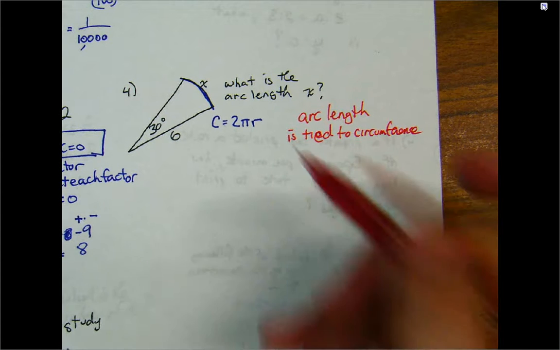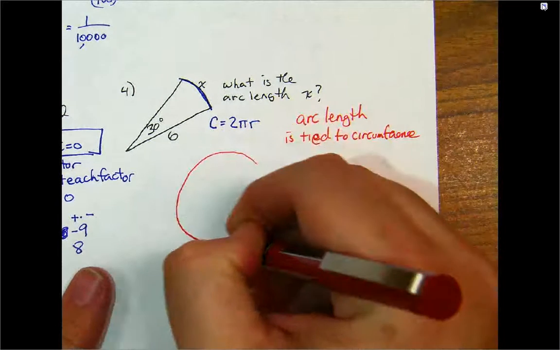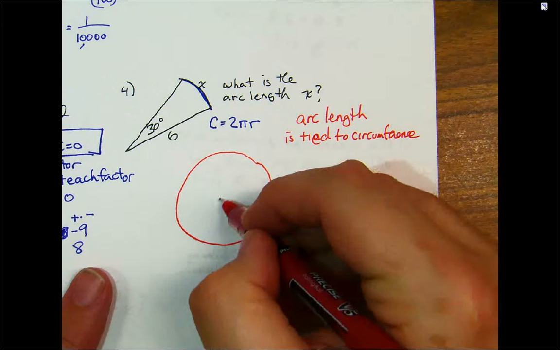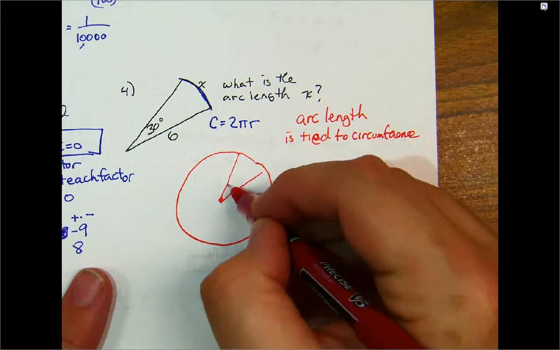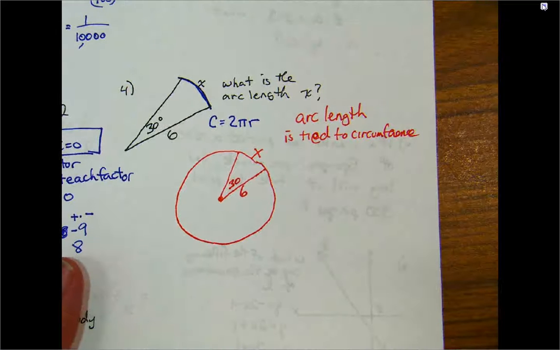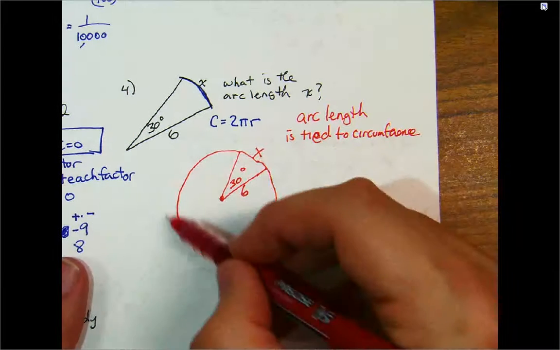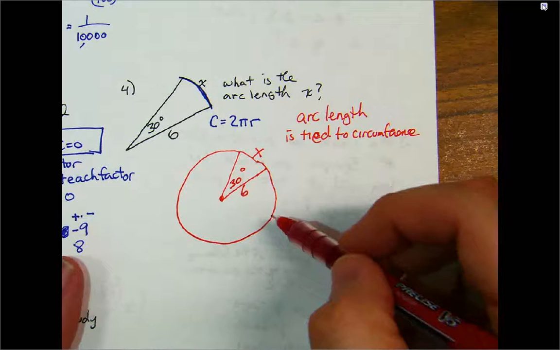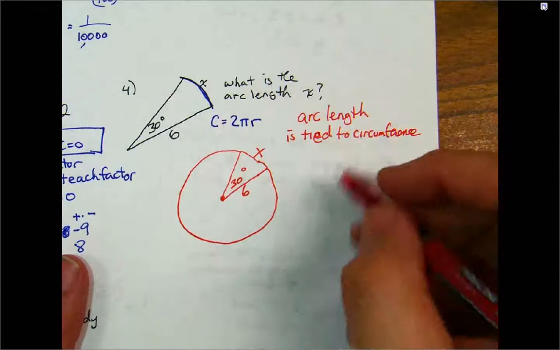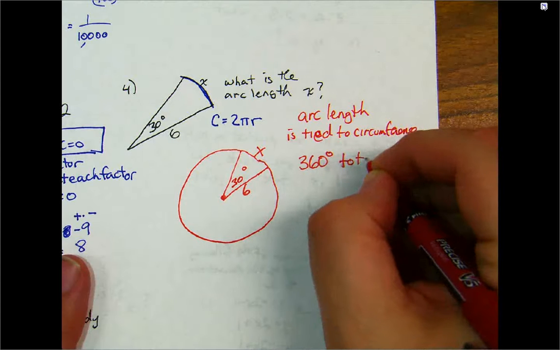So basically, it's saying that for 30 degrees, when radius is 6, that's the length that we're looking at. Well, that would be the circumference of the entire thing. How many degrees are there? 360 degrees in total. Now, how much does 30 take up of 360?